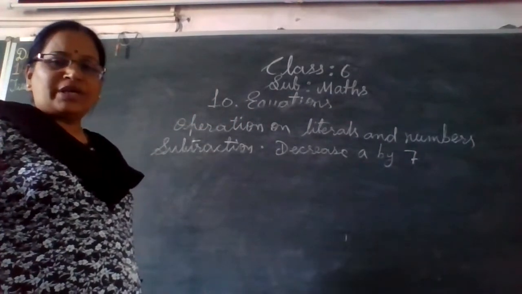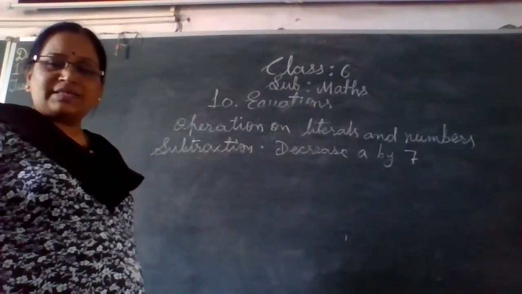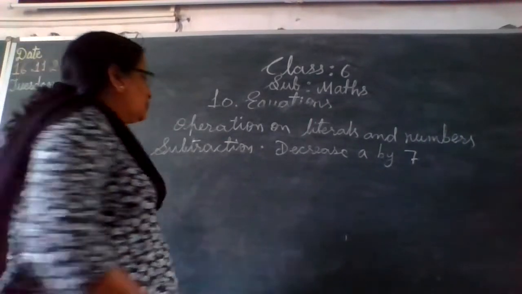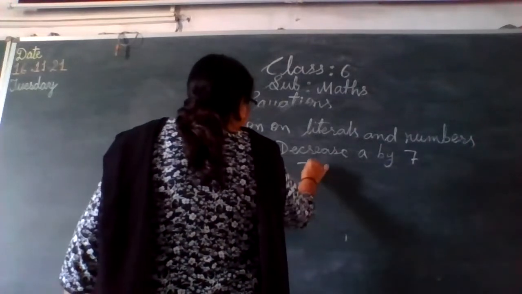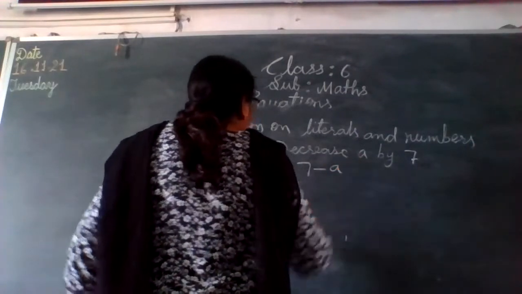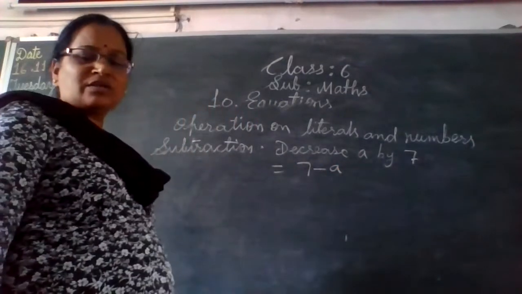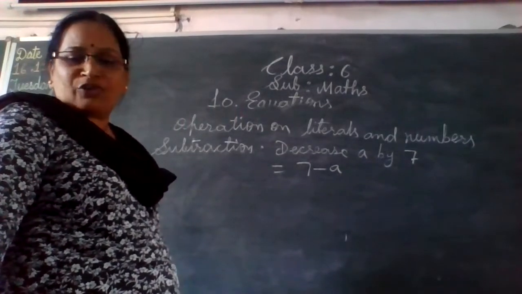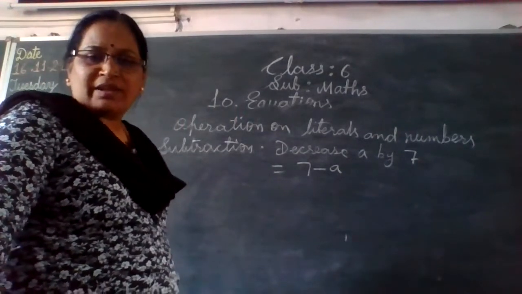So you have to decrease A by 7. So how will you express it? So we will write 7 minus A. Means A is decreased, not the 7 is decreased. So you have to subtract A from 7.